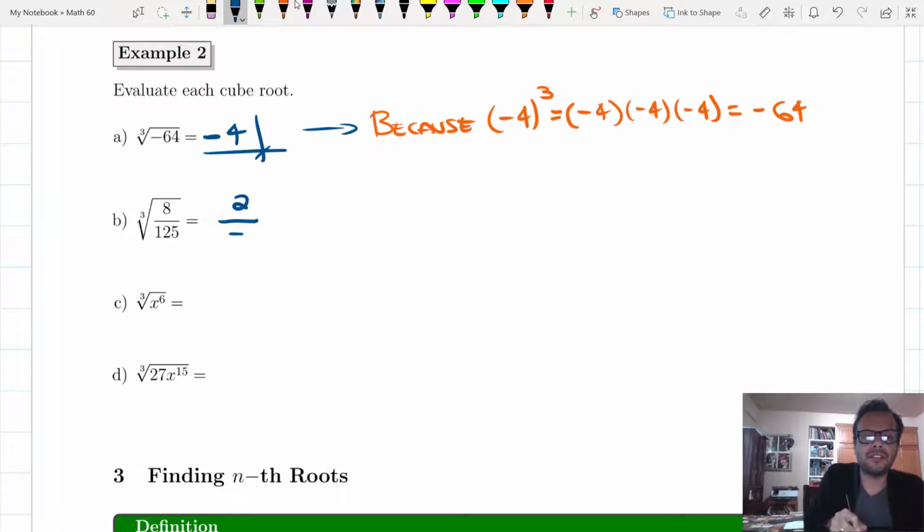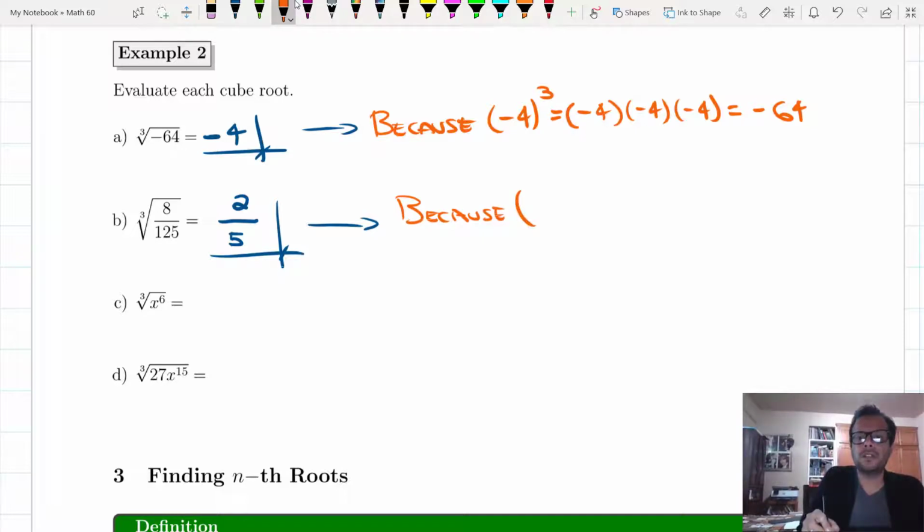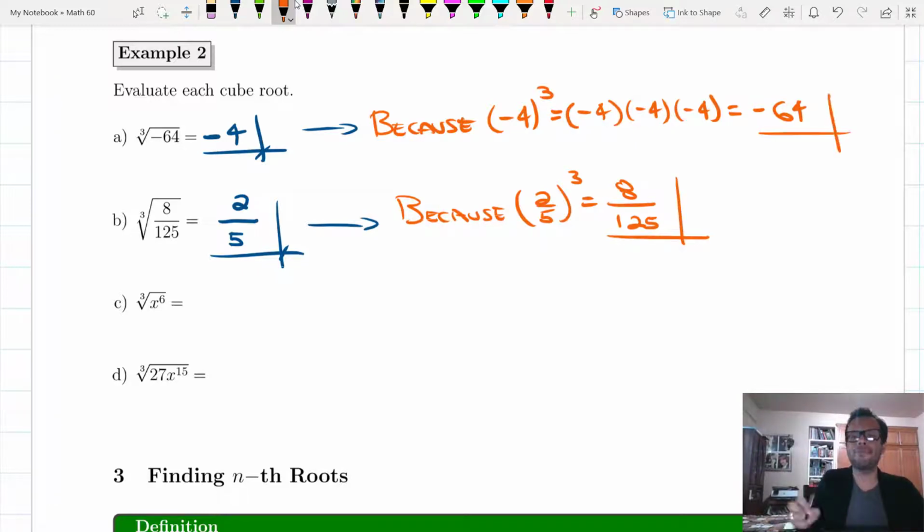In this case, we say 5. And this is because two-fifths to the third power equals 8 over 125. Okay, that's why.